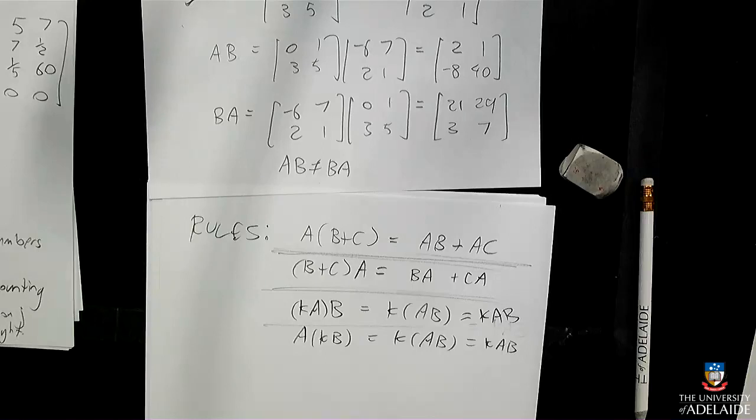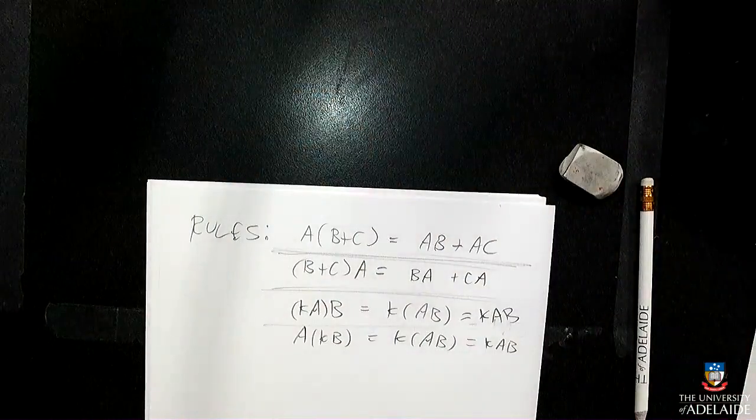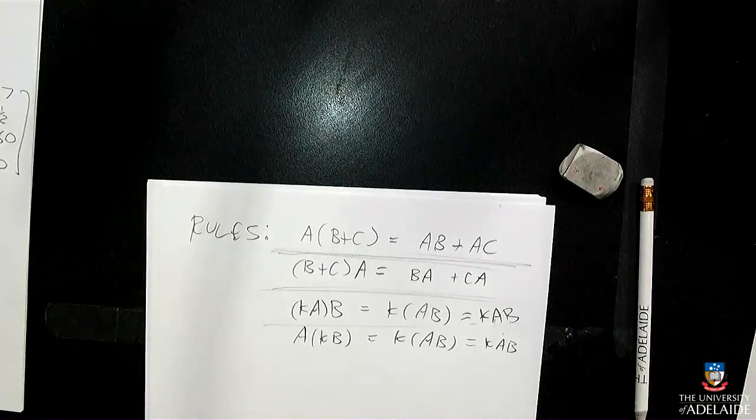But traditionally, you would normally do the AB and then the times K, because the sort of matrix multiplication feels stronger and bigger than the scalar multiplication. But there's no particular order you have to do it in, because this rule says that it works.